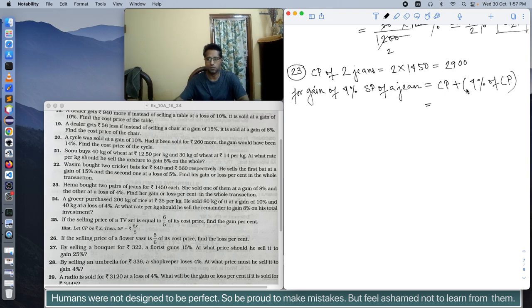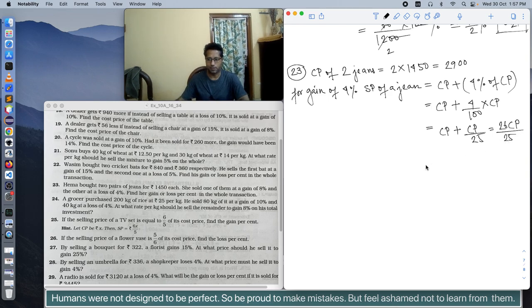So this is equal to CP plus 4% of CP, which means 4 by 100 multiplied by CP. This is equal to CP, 4 by 100 is 1 by 25, so CP plus CP by 25. This is equal to 26 CP by 25.